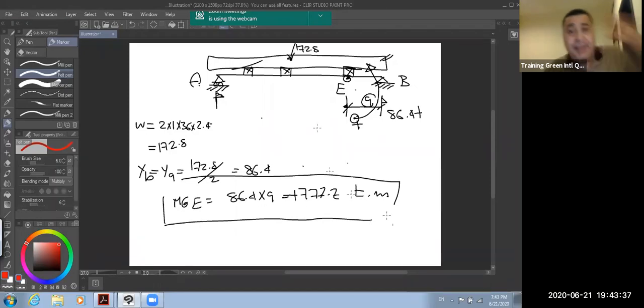Clear, guys? Answer is clear? Let us see. 172.8 divided by 2 is equal to 86.4, multiply 9 is equal to 777.7 ton meter. Clear, very good.